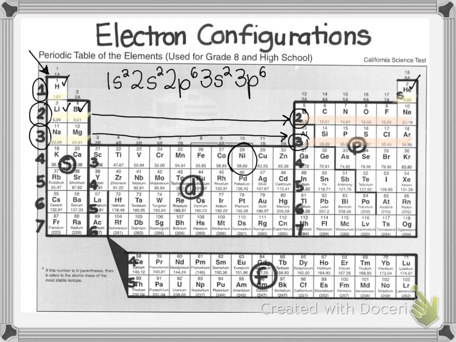Now you might think that we would go 3s, 3p, and then 3d. But if you follow the periodic table, you'll see we go down to 4, and we're actually in the s's. So the s's come before the d's. This has to do with how the orbitals overlap each other. The electrons don't care that we've numbered them.